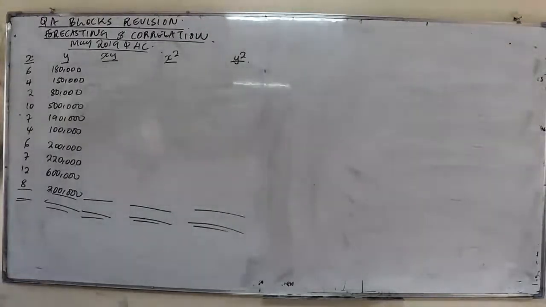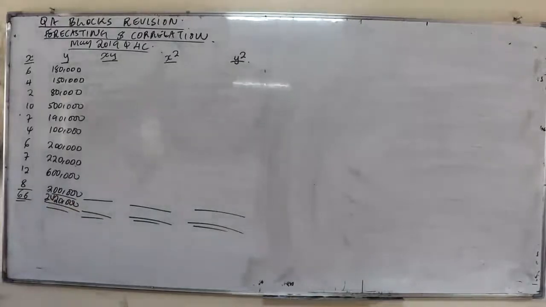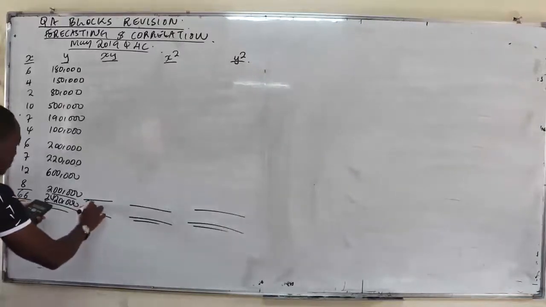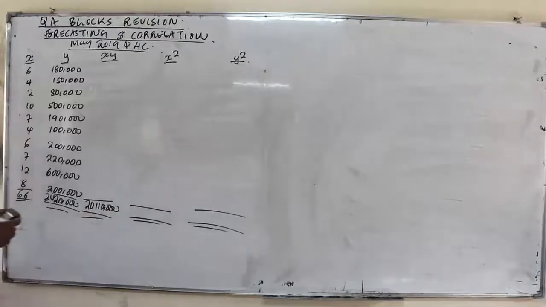Then you add the total. So summation of X is 66. Summation of Y is 2420. Then we determine summation of XY, which is 20,110,000.